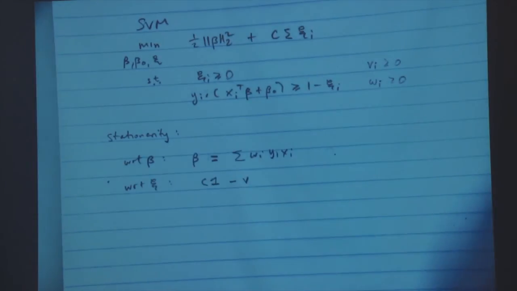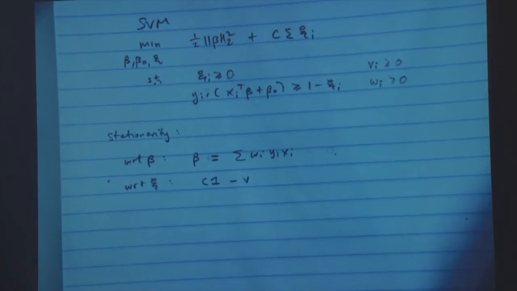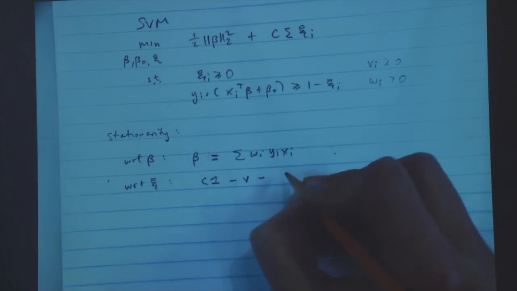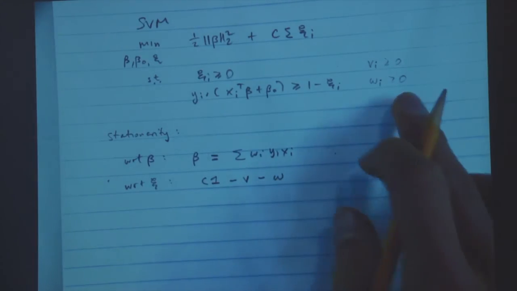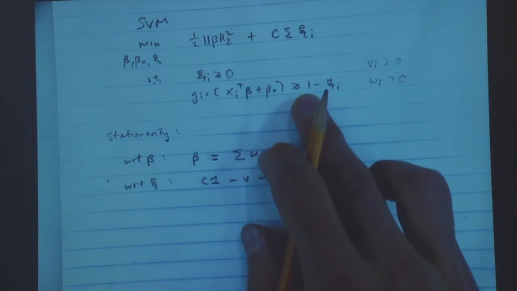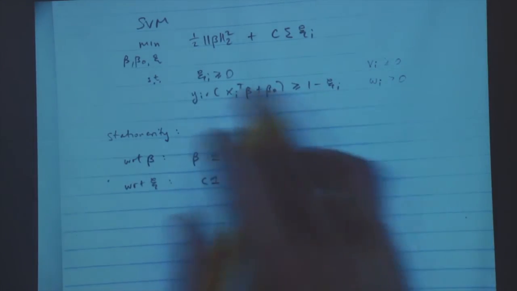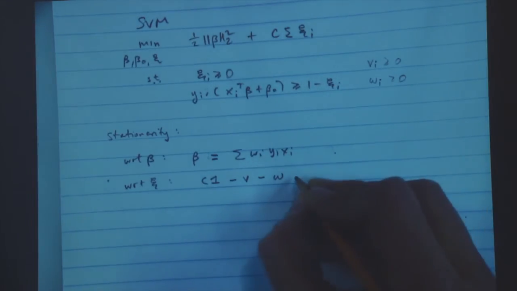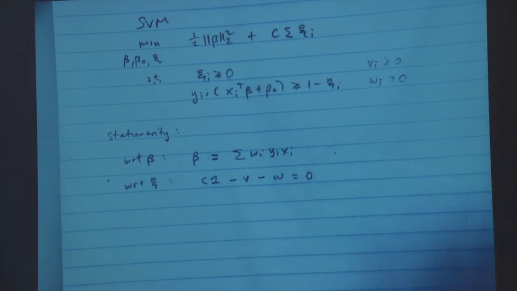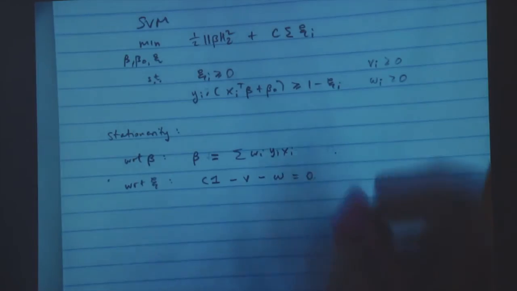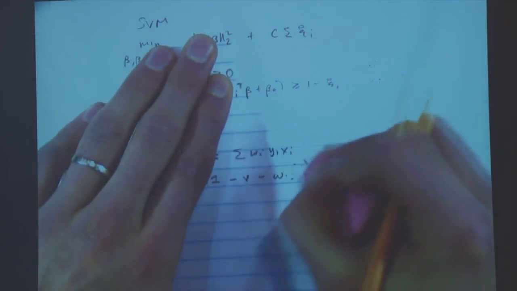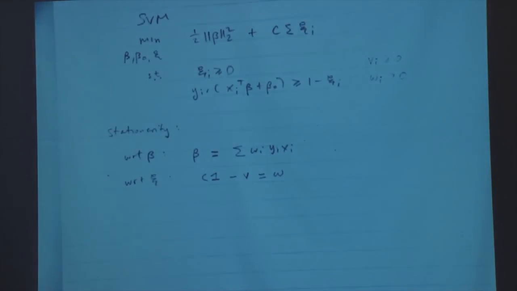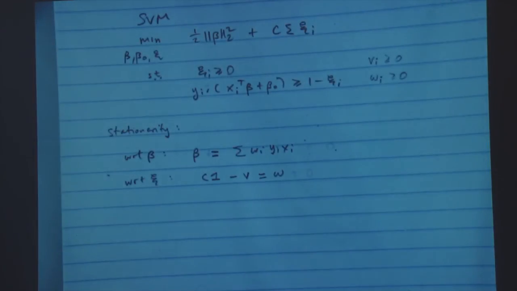And here this is going to look like minus w. That's it, because I'm going to write 1 minus psi i minus this stuff less than or equal to 0, multiply that by wi, so the gradient looks like that, equal to 0. Okay, so again, I'm going to rearrange that and just say that c times the 1 vector minus v has to be equal to w.